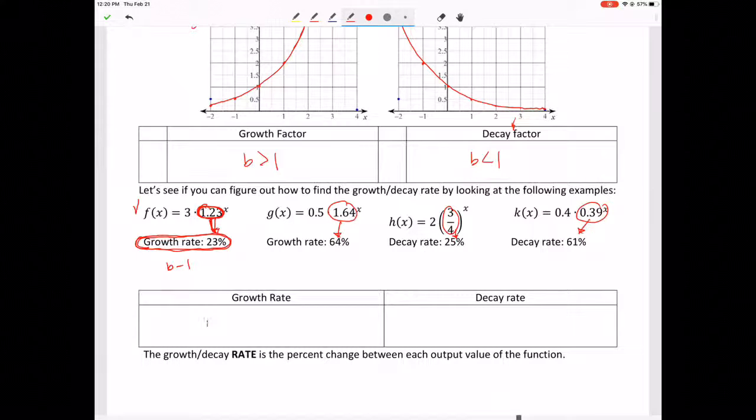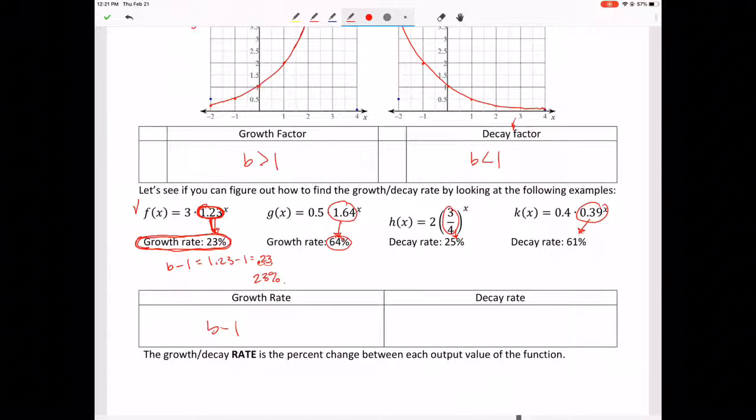All right, b minus 1. And so the difference between 1.61 and 1 is 64%. Okay, oftentimes if you did it this way, you'd get 1.23 minus 1, which would give you 0.23, but we need to write it as a percentage. So we just basically move the decimal over twice and write it as a percentage.